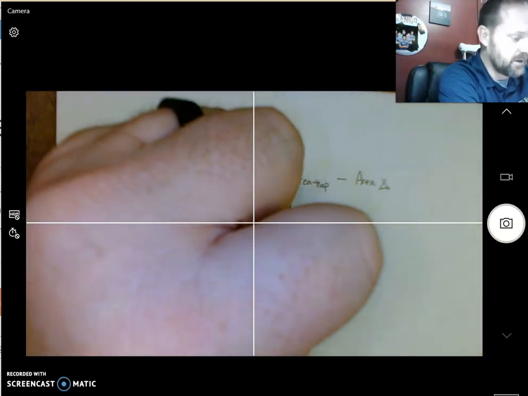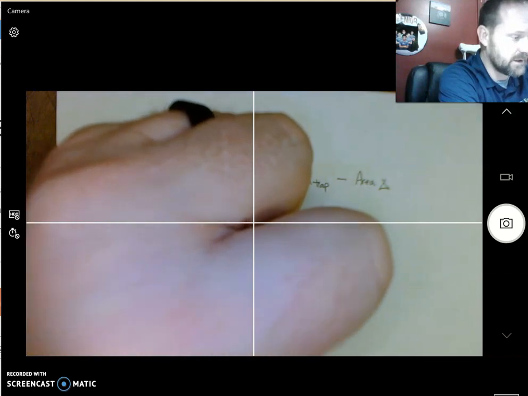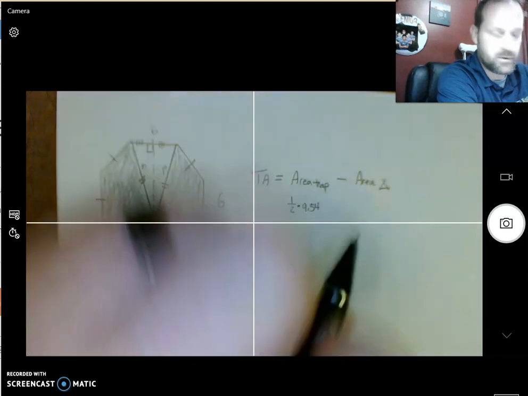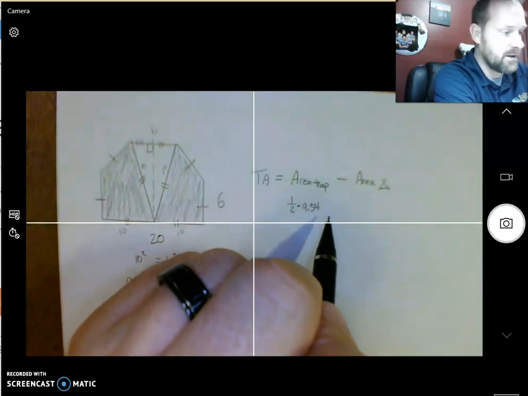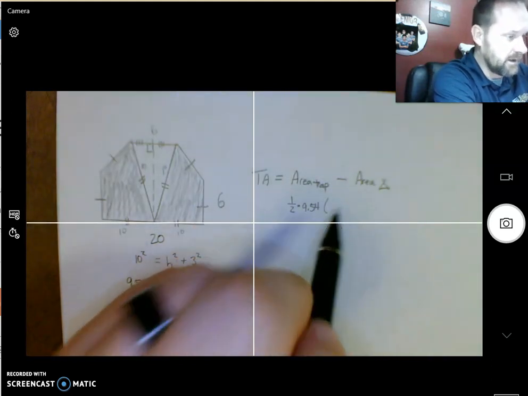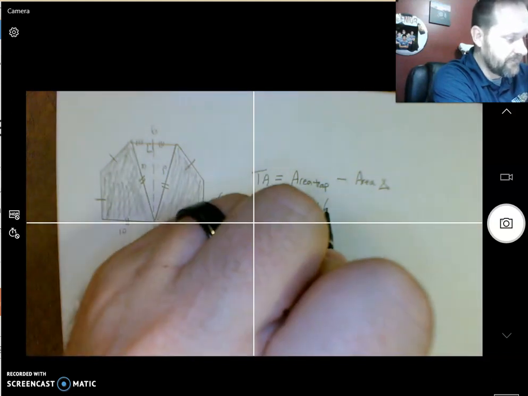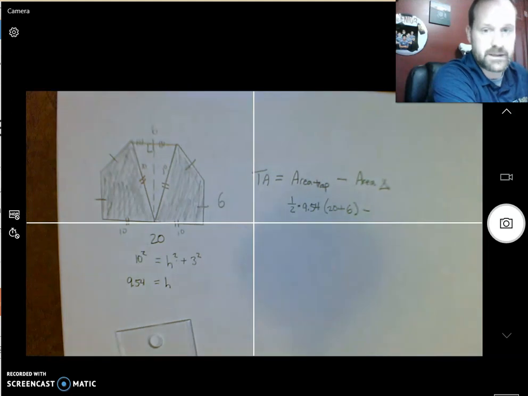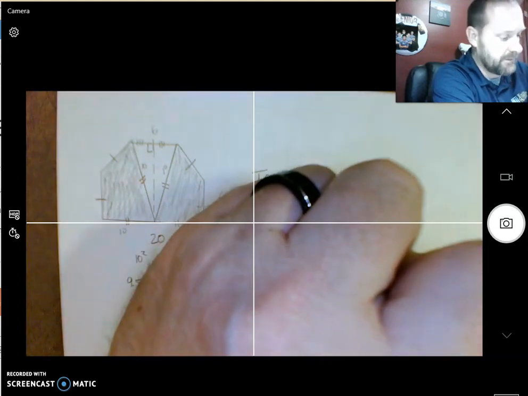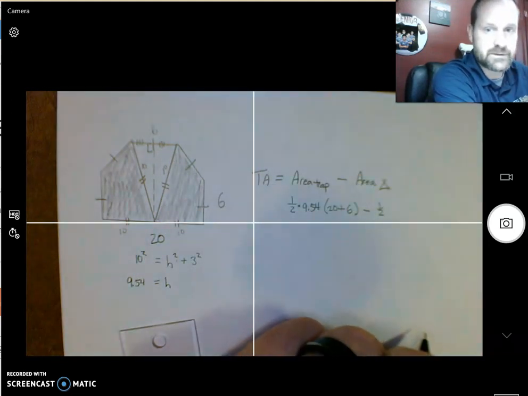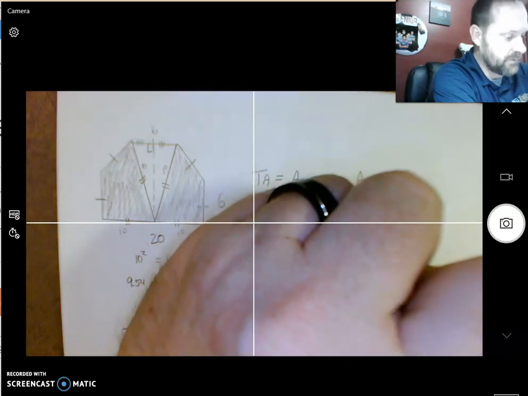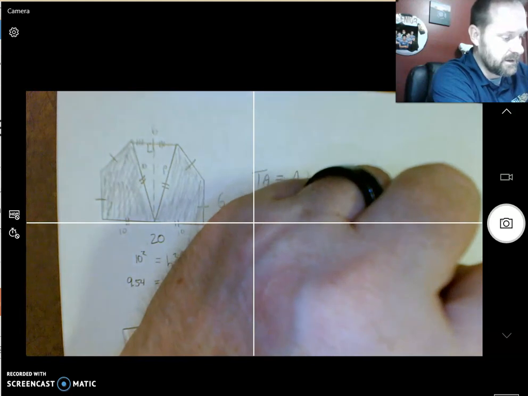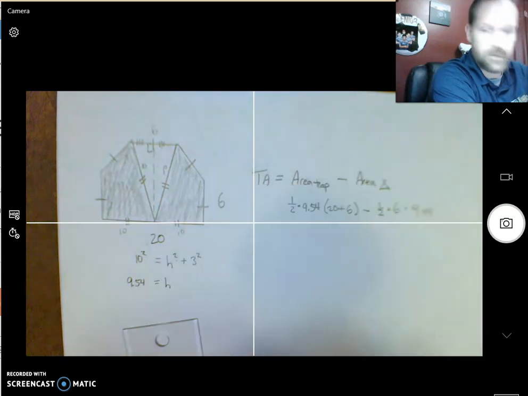So up here we have 1/2 times h, which is 9.54, times 20 plus 6, minus 1/2 multiplied by base 6 multiplied by 9.54.